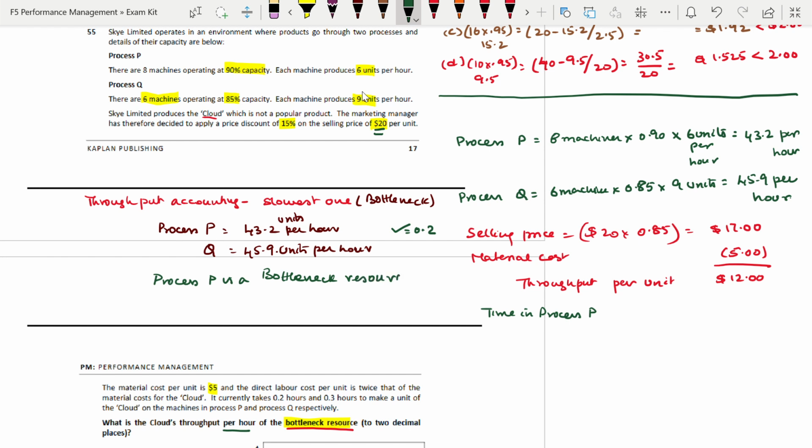Why is it a bottleneck? It is the slowest one. Okay, how much is the bottleneck resource? It is 0.2.